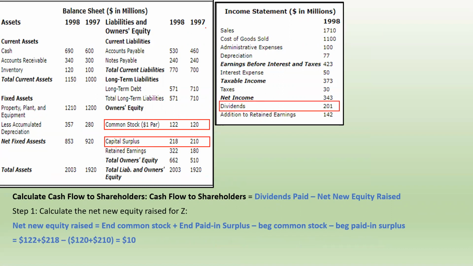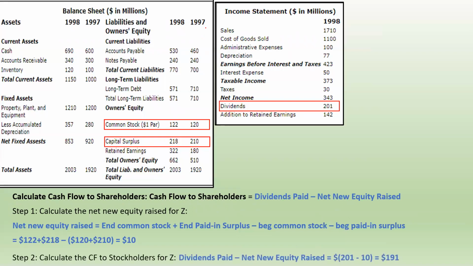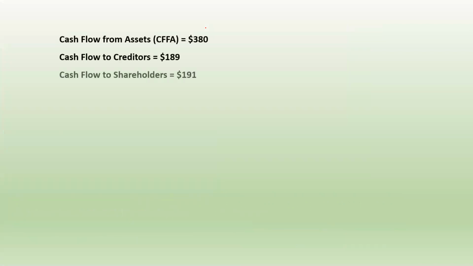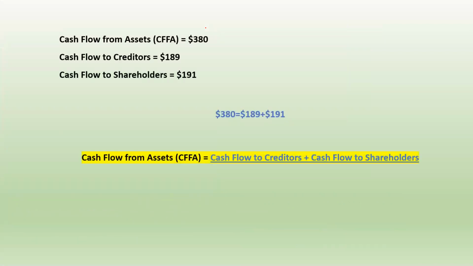Dividend is 201. So the cash flow to shareholders is 191. Then we found that the cash flow from assets, which is 380, equals the cash flow to creditors plus the cash flow to shareholders.